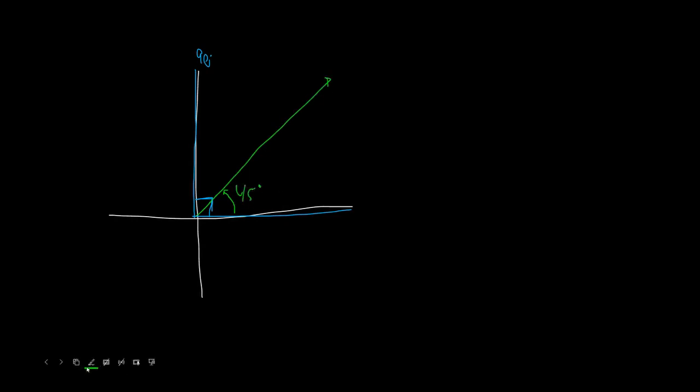So if we're going to use, let's just say, a trigonometric function, which is sine: if I'm going to use sine 90 degrees, obviously this is 1. If I use sine 45 degrees, obviously this is what? This is basically square root of 2 over 2.